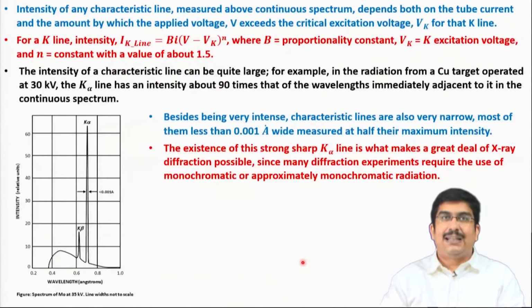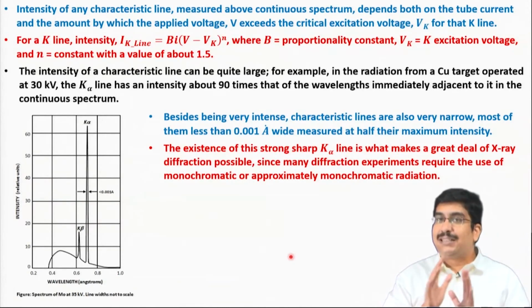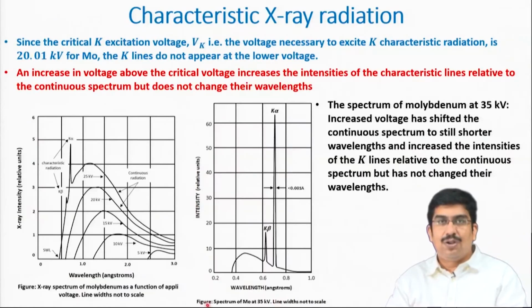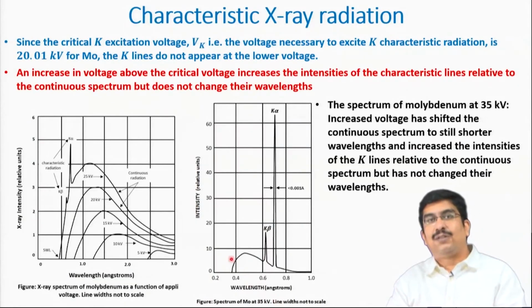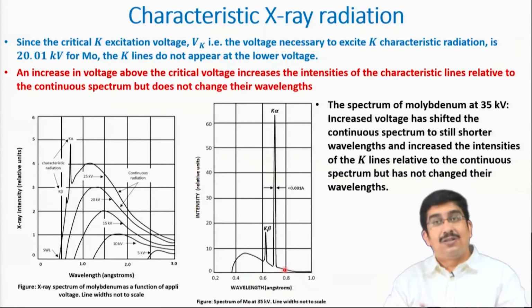So the maximum intensity of the continuous spectrum and the intensity of the characteristic spectrum are also related, because you can understand that if the maximum of the continuous spectrum falls exactly here, then the intensity of the complete characteristic spectrum will also increase.